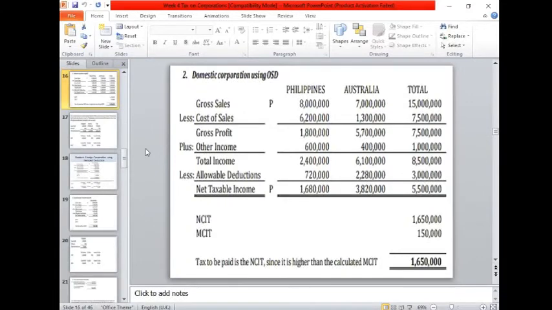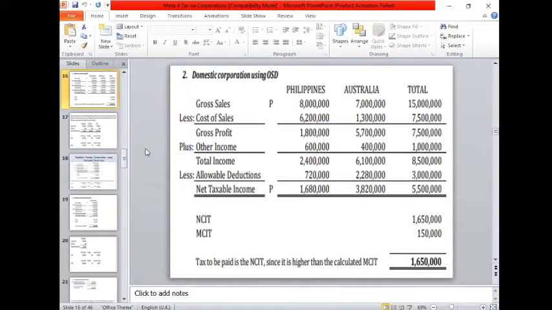The second one: a domestic corporation, but this time we are using the optional standard deduction. When you use the optional standard deduction, we only have to compute 40% of the gross profit. Same scenario, the income is within the Philippines and Australia because it is a domestic corporation.